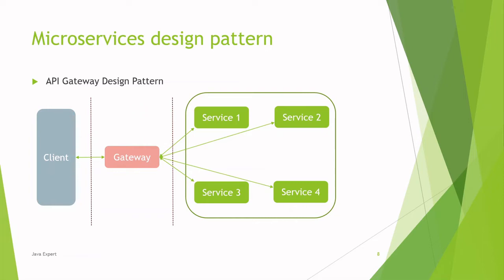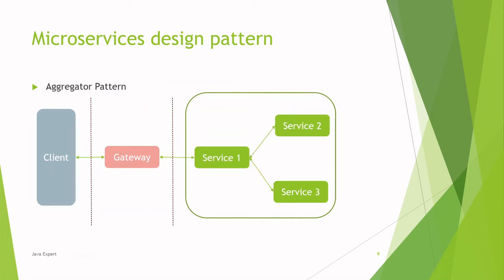So this is the case. We need a gateway that your client will call, and there is certain configuration in the gateway server. That gateway server will forward your request to the corresponding microservices, right? So by seeing this diagram, you can easily understand what the API gateway pattern is, right? Fine.